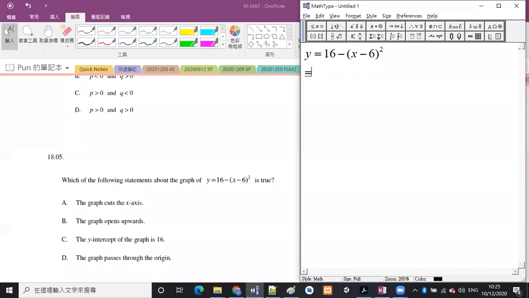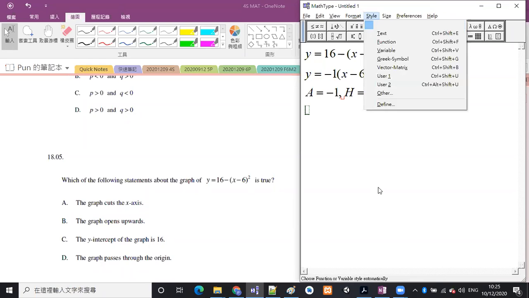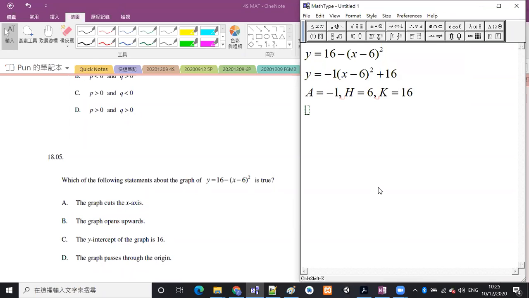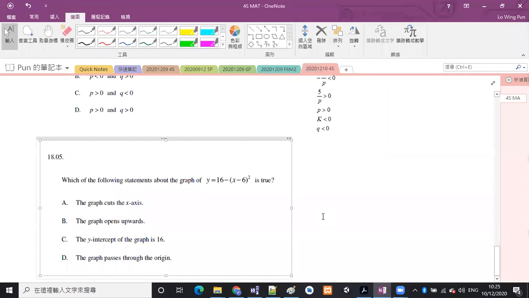Okay, so obviously this is in AHK form, -1(x minus 6) square plus 16, and then a is equal to -1, h is equal to 6, and k is equal to 16. Okay, so from the a value, because a is -1, which is less than 0, we can say that the graph opens downwards. Okay, which means that option B is not correct.